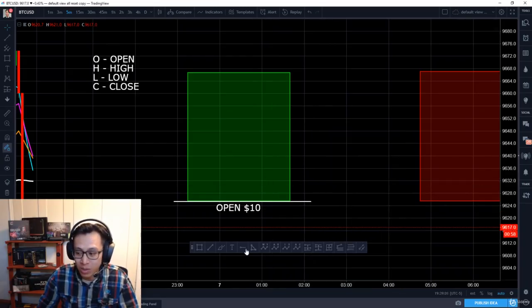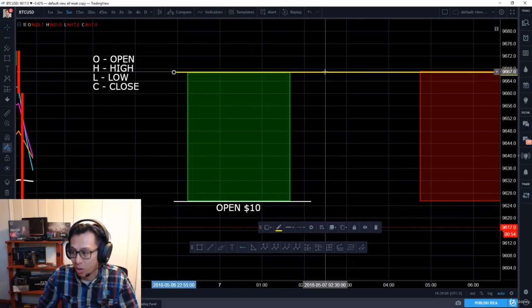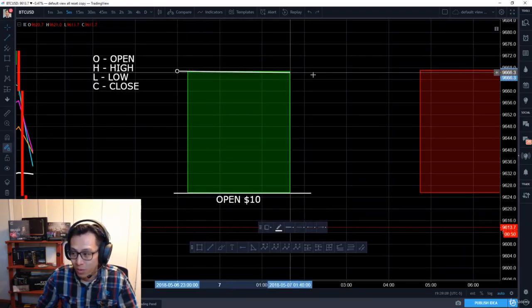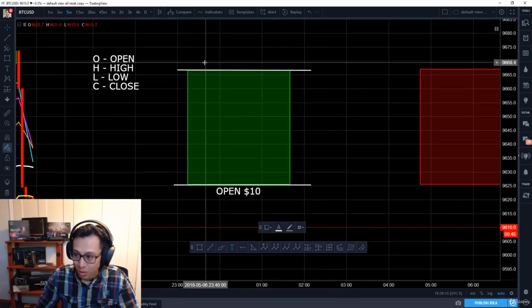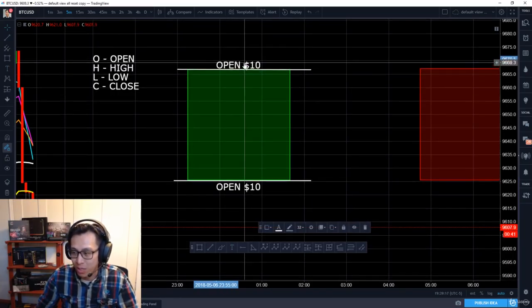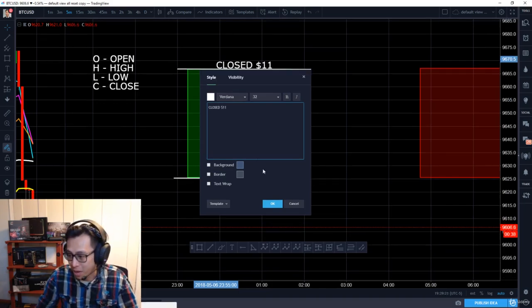So what do you guys think the close would be? Let's just pretend here that this is $11, okay? Right here is $11. Do you think that this would be the close? Yeah, it would be the close, okay? So if that was $10 here, we'll just pretend that this one closed at $11, okay? Just like that.